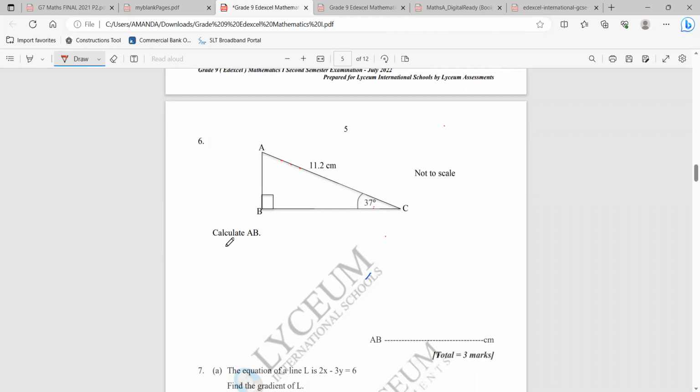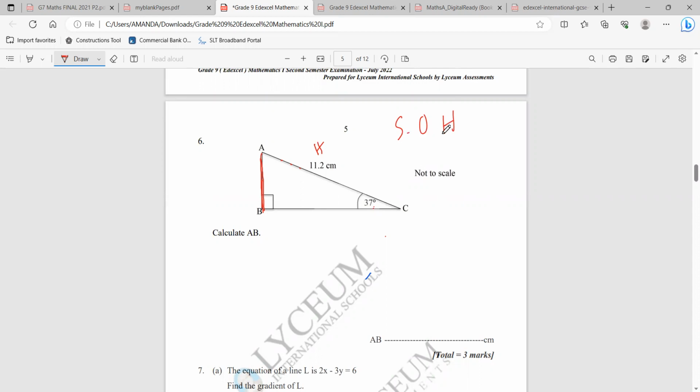Right. Now question number 6. Calculate AB. Okay, what's AB on this? This is the ABC triangle. This is AB. Right, and they have given the hypotenuse, H is given, and they have given this angle 37. So this is going to be SOHCAHTOA, sine is opposite over hypotenuse.